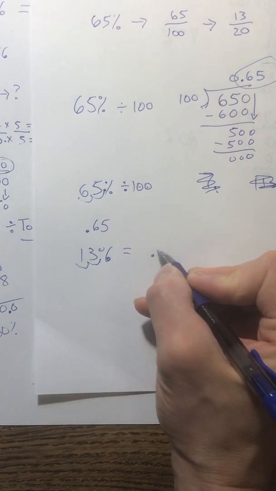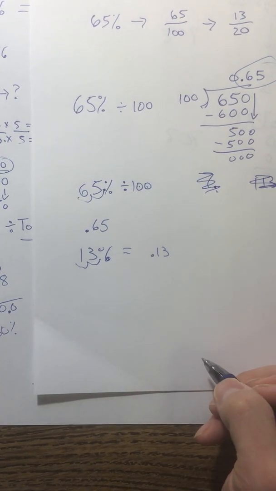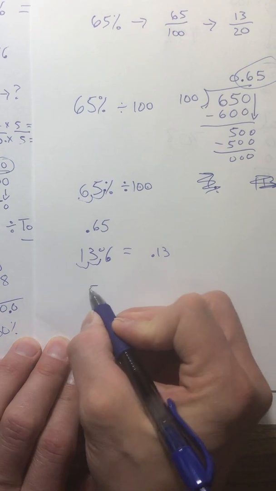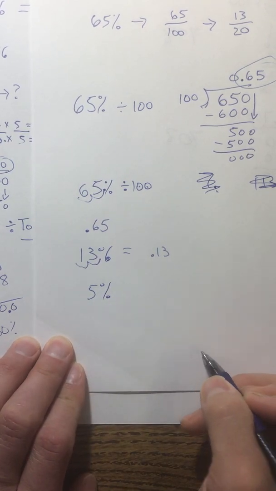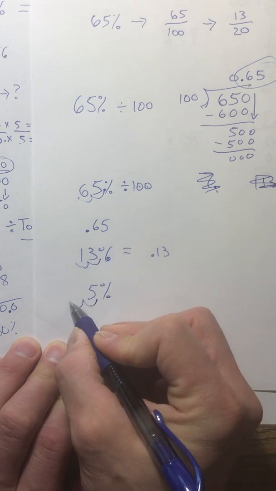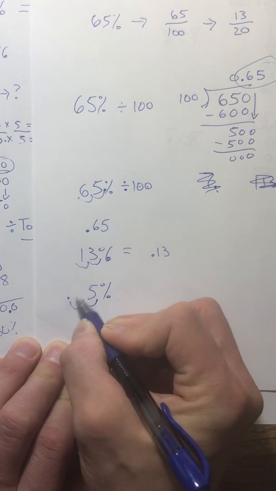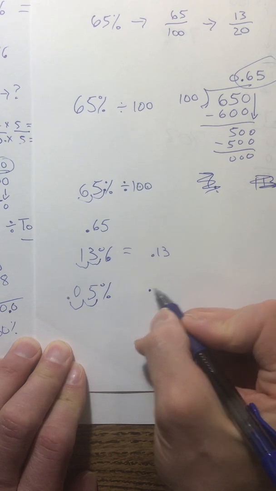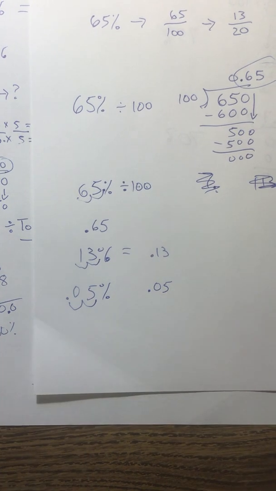That's going to be equal to 0.13. What if I only had 5%? Decimal's here, right? Move it 2 spaces. 1, 2. Well, we've got to put something in here, so we put a 0. So 0.05 is 5%.